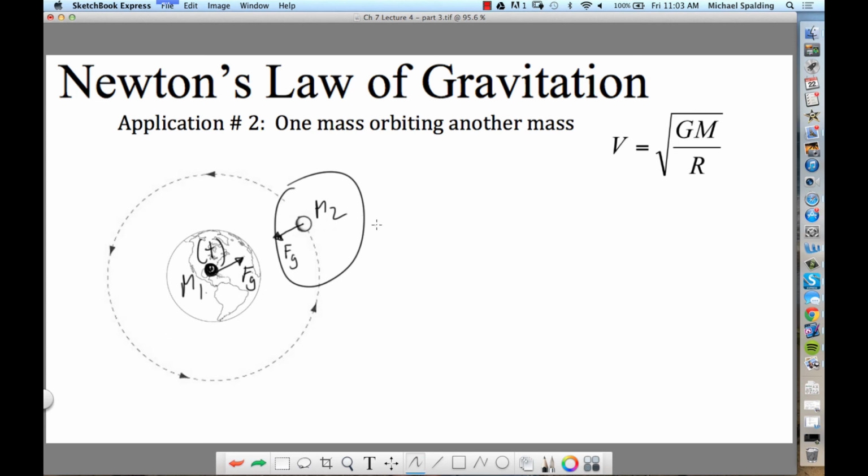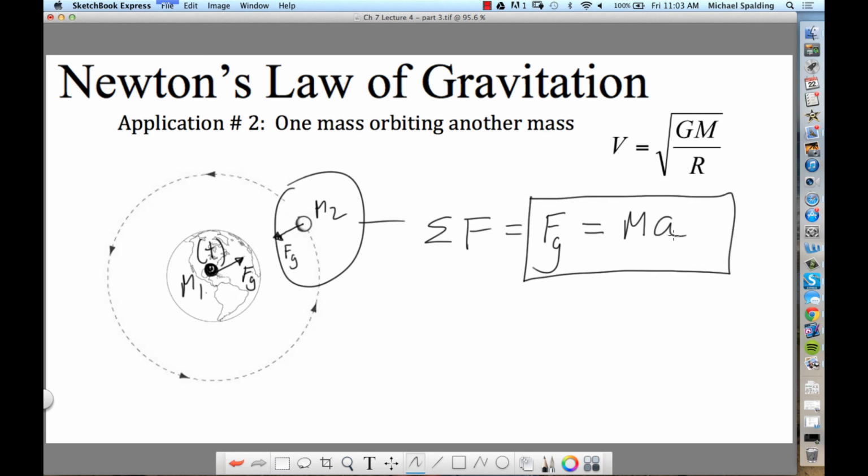So focusing on M2 here, if we sum the forces, what's the only force on M2, on the satellite? The gravitational force, right? That's the only force acting on the satellite. What is the sum of the forces always equal to? ma. Now, what type of a is this? Centripetal, because the satellite is in a circular path.